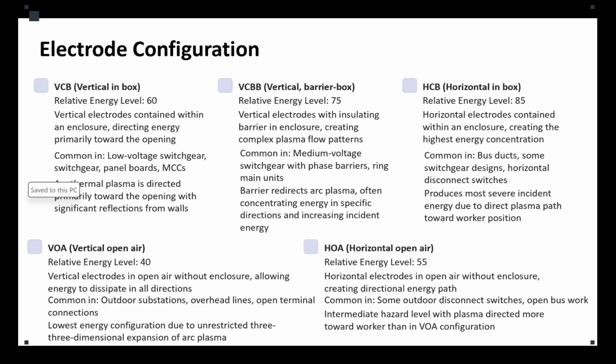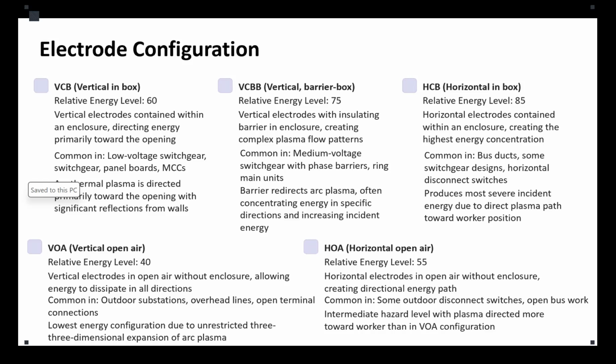Now, IEEE 1584 defines the electrode configuration as not just an afterthought. It is a required input to calculate both incident energy and the arc flash boundary. Okay, so let's explore what electrode configuration means and the different types that are defined in IEEE 1584.